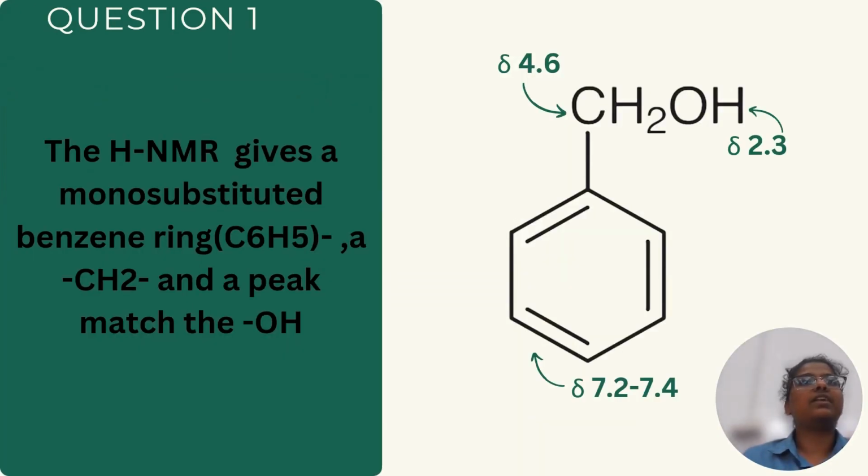Next, the proton NMR gives a monosubstituted benzene ring containing 6 carbon, 5 hydrogen and a CH2 and a peak matching that OH.